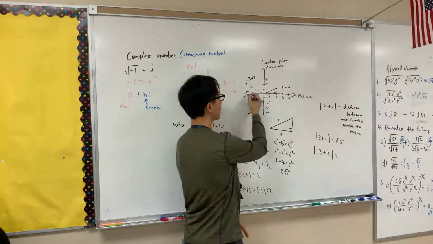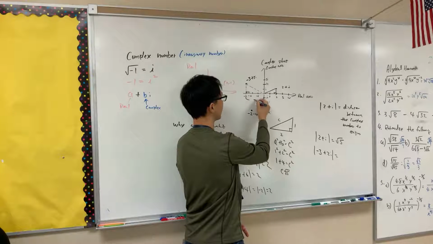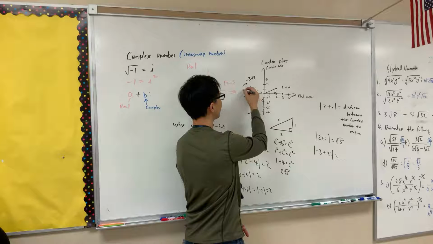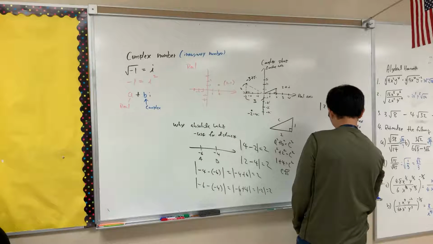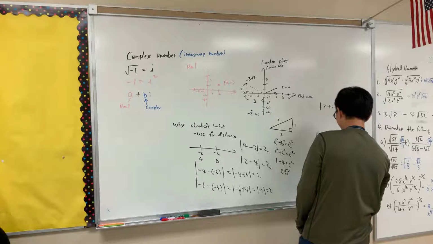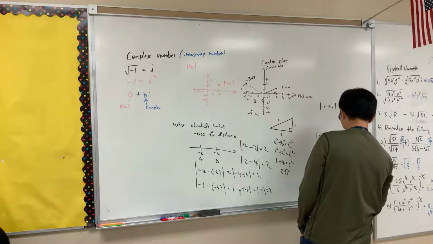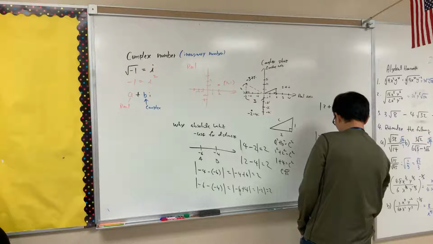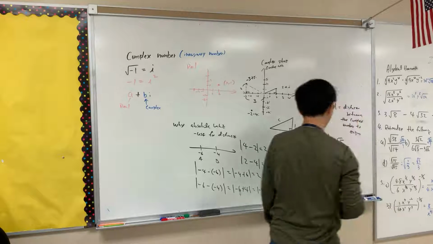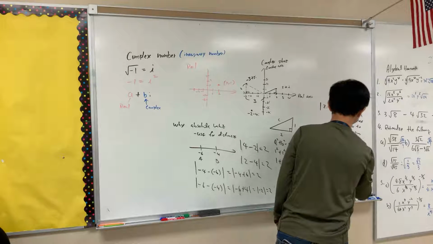What is my distance? 3. What is my distance here? 2. So c squared is equal to 2 squared plus negative 3 squared, right? That's equal to 4 plus 9, c squared. c is equal to the square root of 13. And that's my answer, square root of 13.